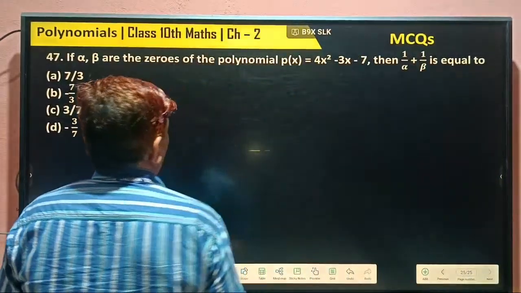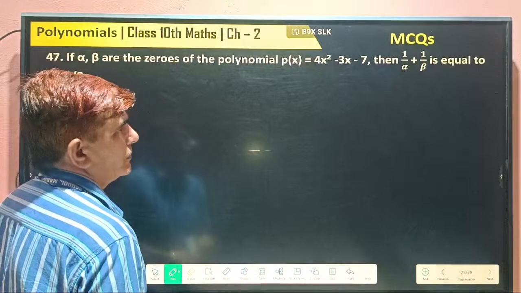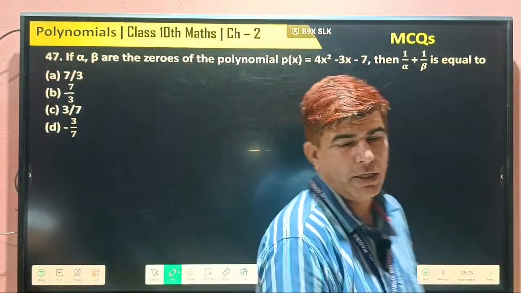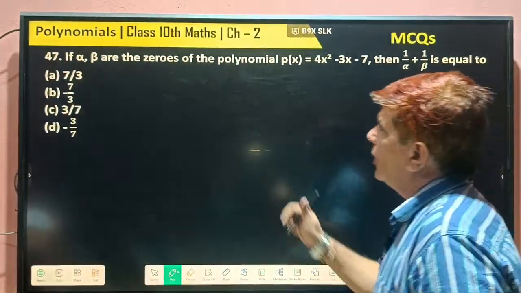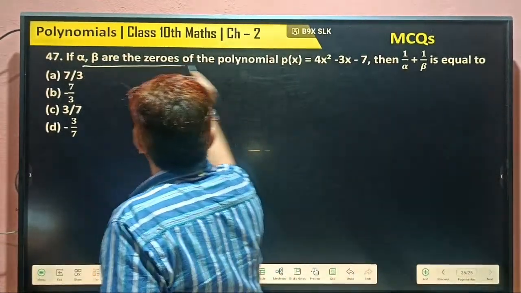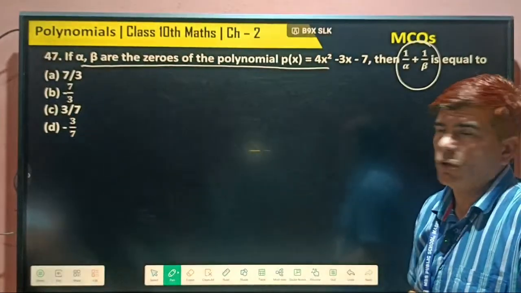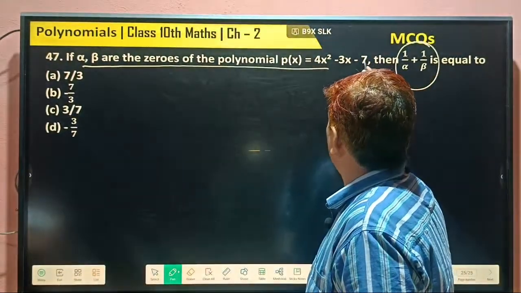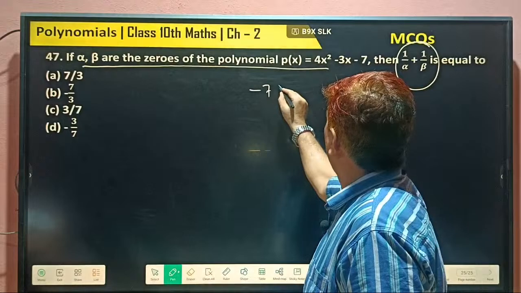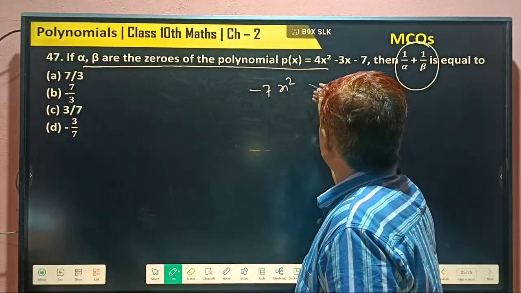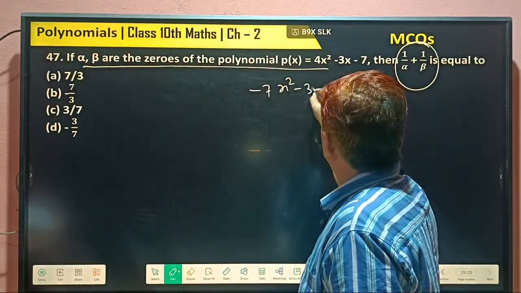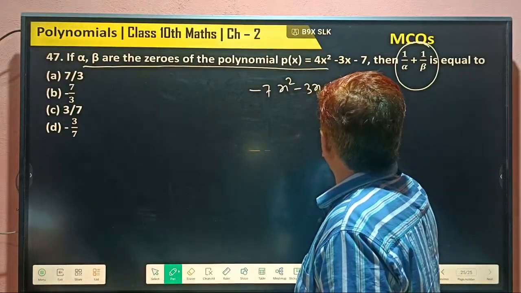74. If alpha and beta are the zeros of this polynomial, this I already told you, I need not directly tell the answer. I will first find a polynomial whose zeros are this. I will start from this: minus 7x square minus 3x plus 4.